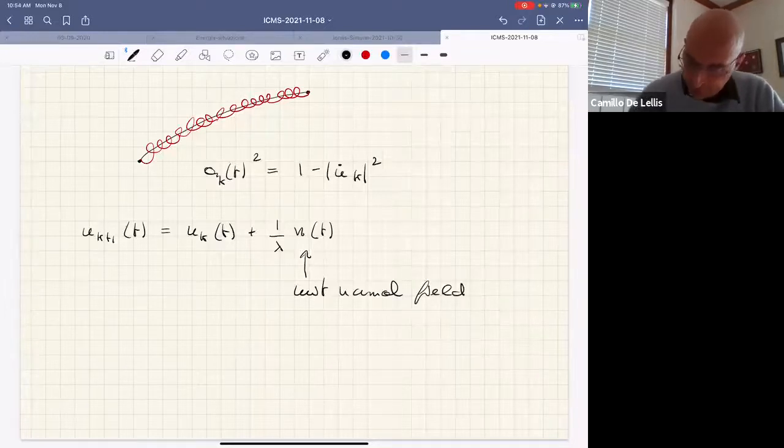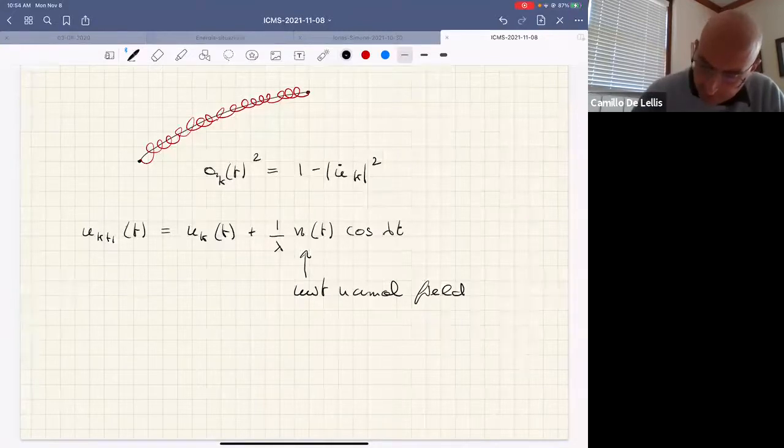Let me put over here cosine of lambda t, and in front some amplitude, let me call it A of t.